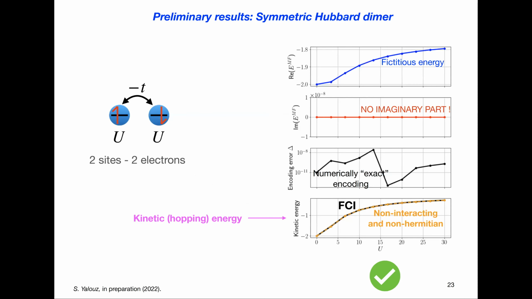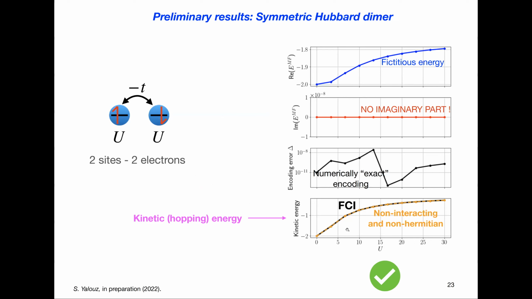Okay, so we started with the Hubbard dimer, the symmetric Hubbard dimer, which is just a model for the hydrogen molecule. And so what happened in this case? Well, first of all, he could optimize this non-Hermitian Hamiltonian, so non-interacting and non-Hermitian. The energies always remain real, so there was no imaginary part in the energy.